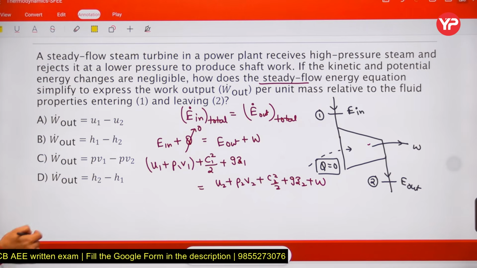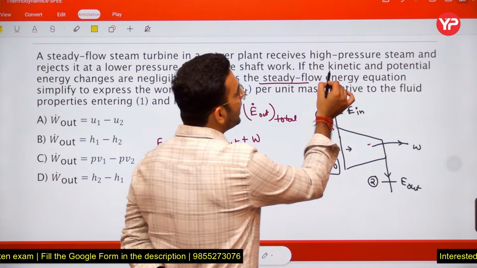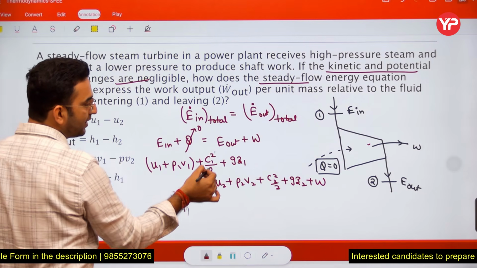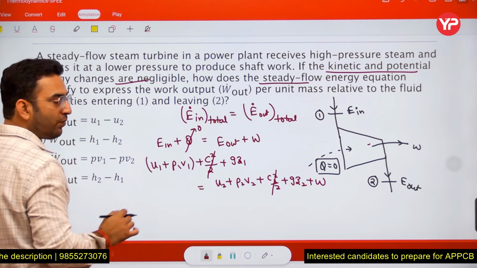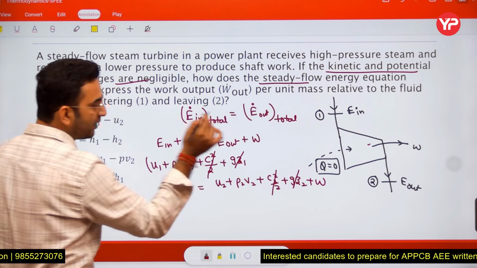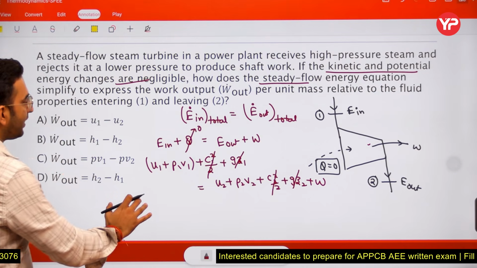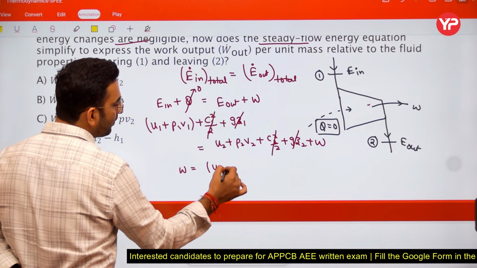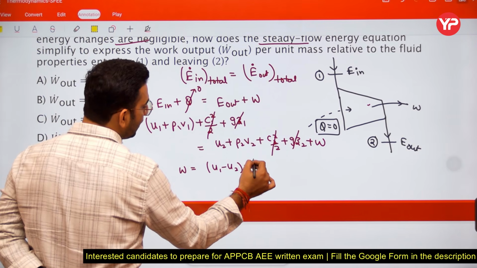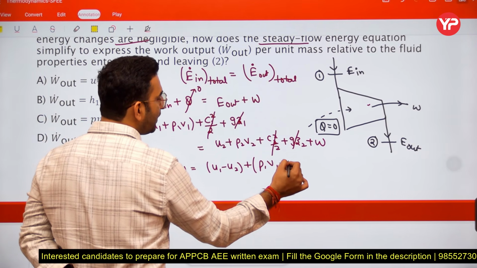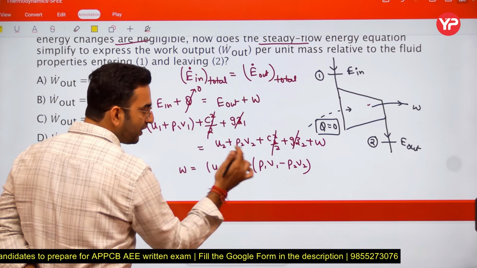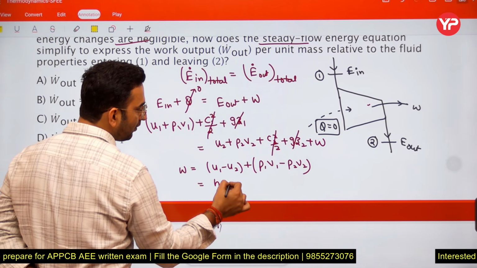So now just read the question. First, kinetic and potential energy changes are negligible here. So I can write that the change in C is 0 and the change in potential energy is 0. I can further write that W will come out to be U1 minus U2 plus P1 V1 minus P2 V2, and the summation of U and P V represents the enthalpy.